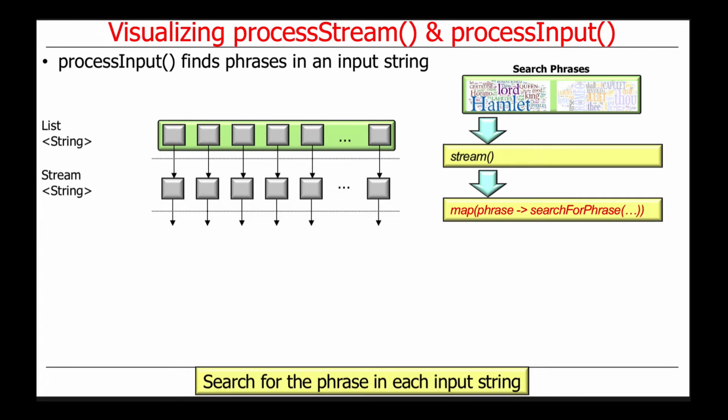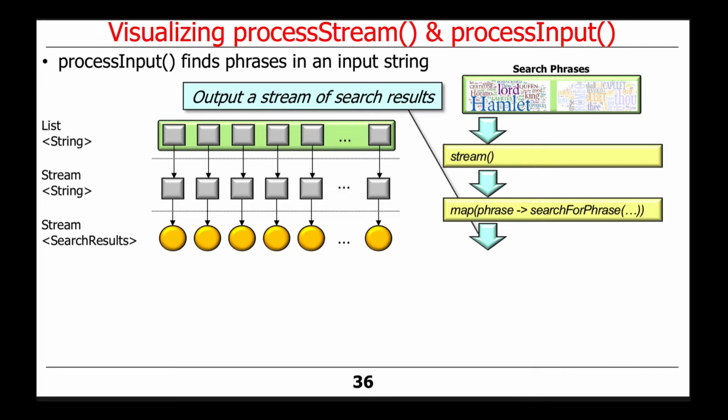And search for phrase will take a look at each phrase, and it'll try to find it in each input string. So for every phrase, it'll see, is that in this work of Shakespeare or not? That returns a stream of search results, one search result for every phrase that's being looked up.